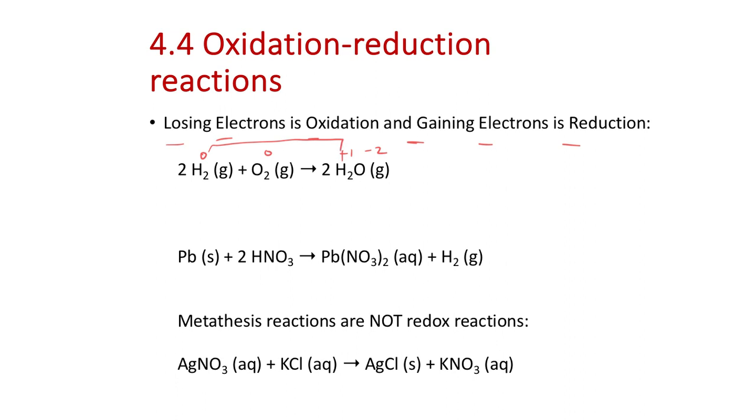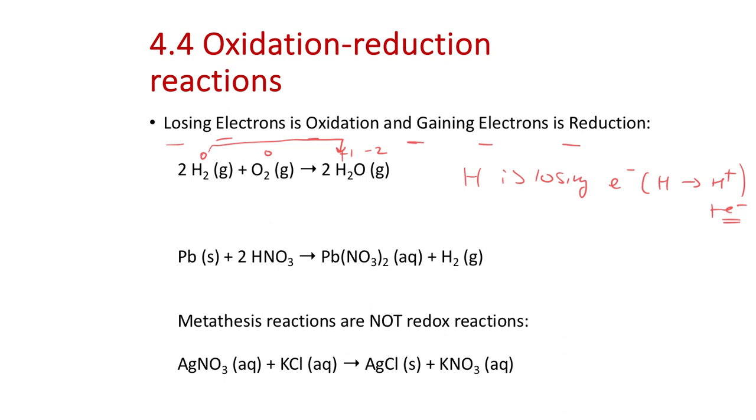So this is how we're seeing hydrogen losing an electron to go from 0 to +1. So H is losing electrons. So we're going from an H to an H+. So that's the loss of an electron. So the electron's given off by hydrogen, and then oxygen absorbs the electron.